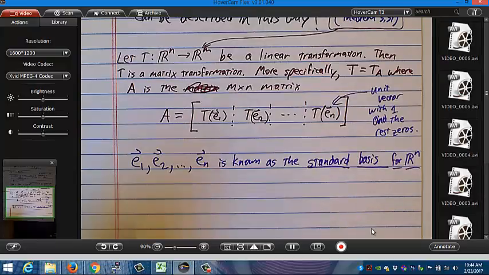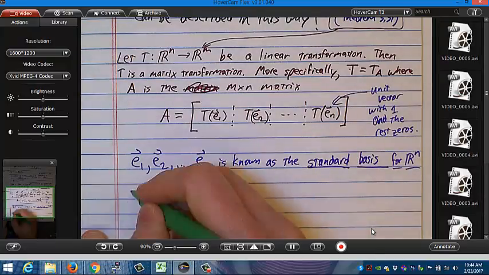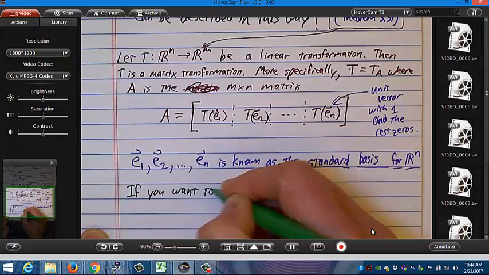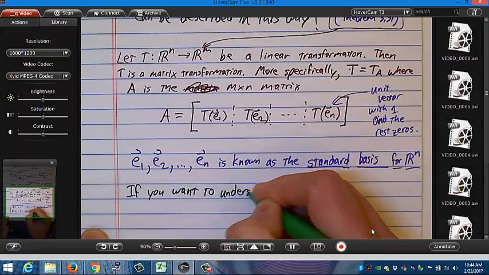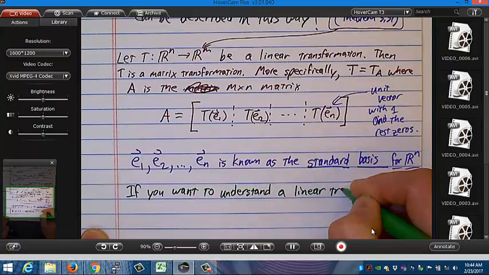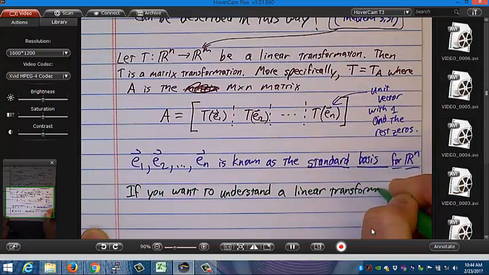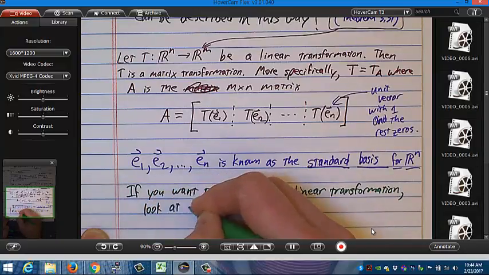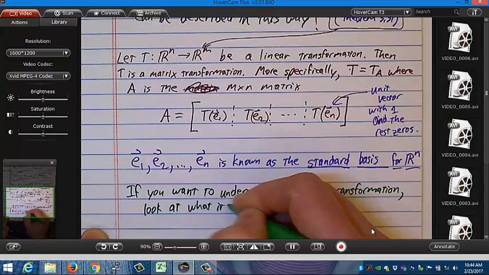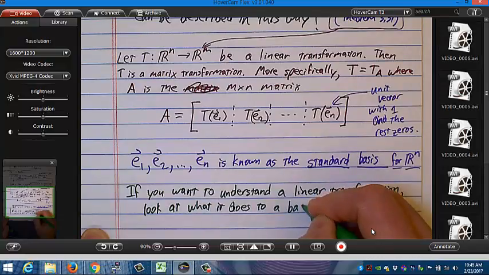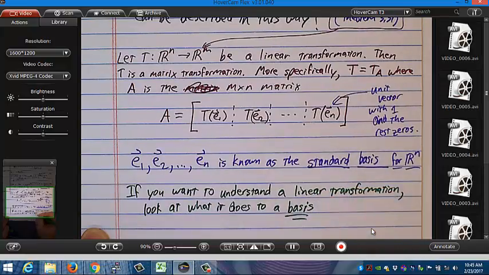Okay? So again, the take-home message for today is this. If you want to understand a linear transformation, look at what it does to a basis. That's really the take-home message today.